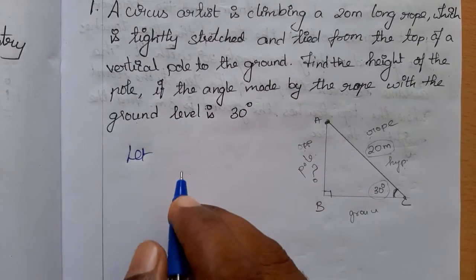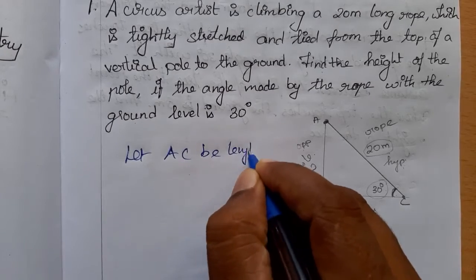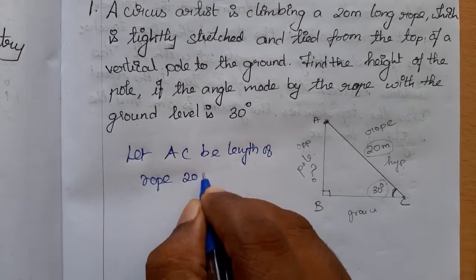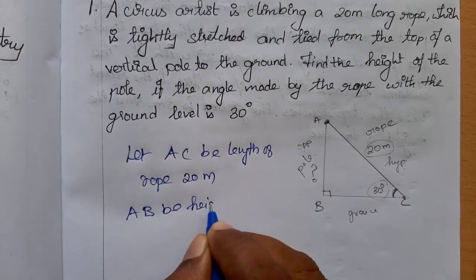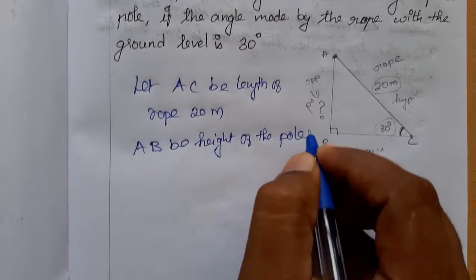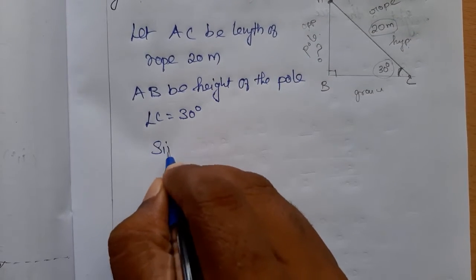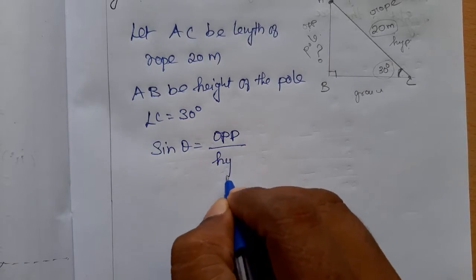Let AC be the length of the rope, 20 meters, and AB be the height of the pole, and angle C is 30 degrees, which is given. So we know that sine theta is equal to opposite by hypotenuse.